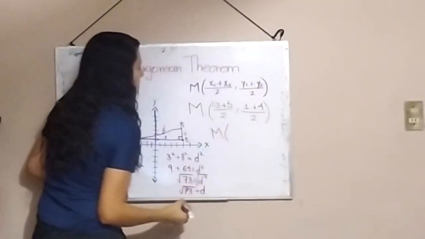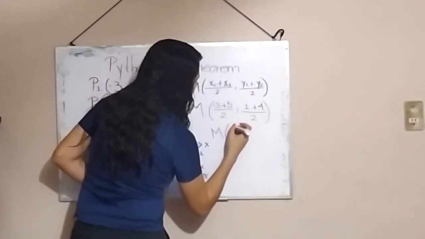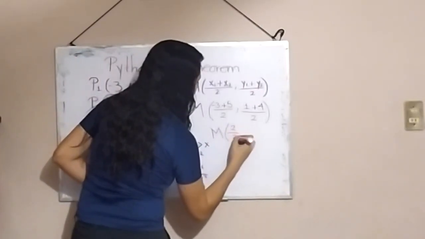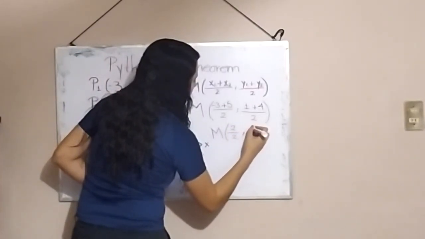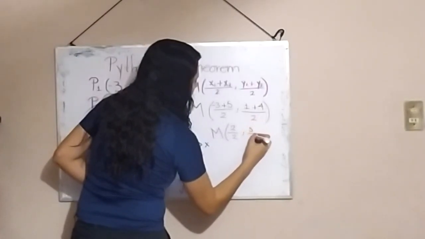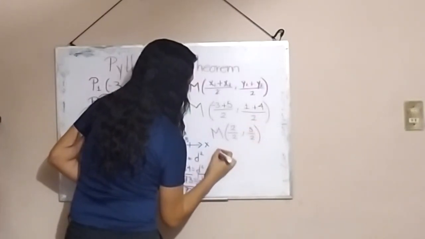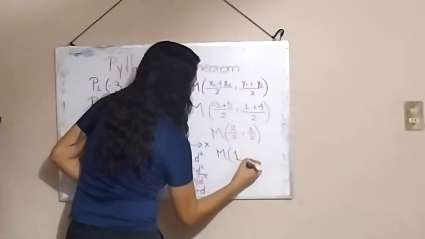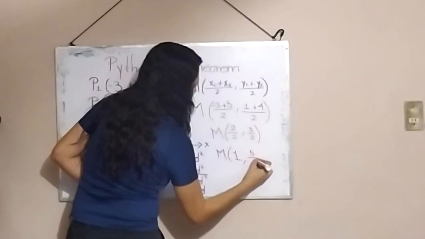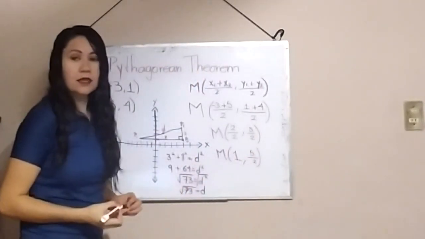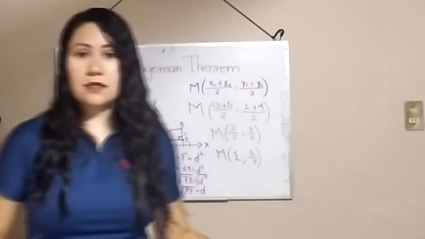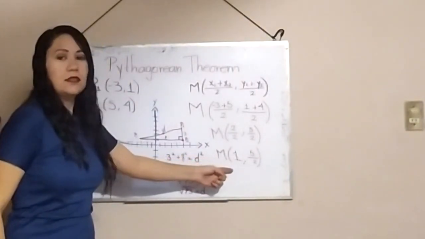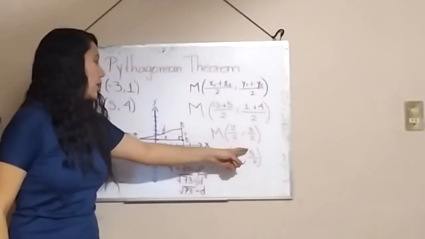Our midpoint would be negative 3 plus 5 is 2 divided by 2, comma, 5 divided by 2. Our final result for the midpoint is 1, comma, 5 halves. This is the coordinate for our midpoint.